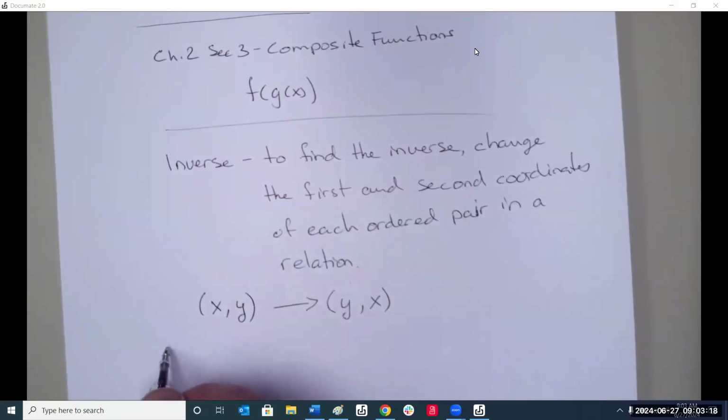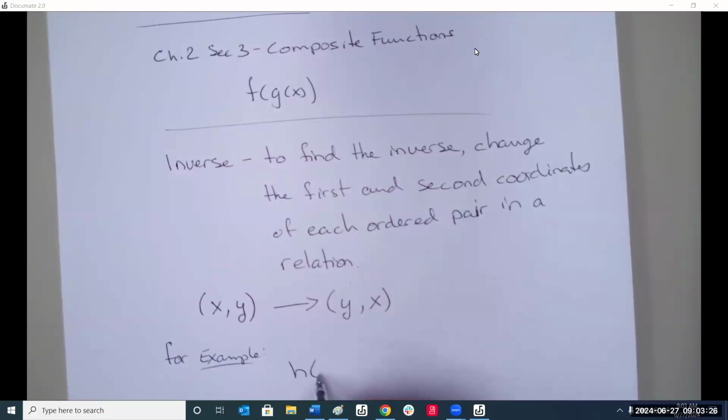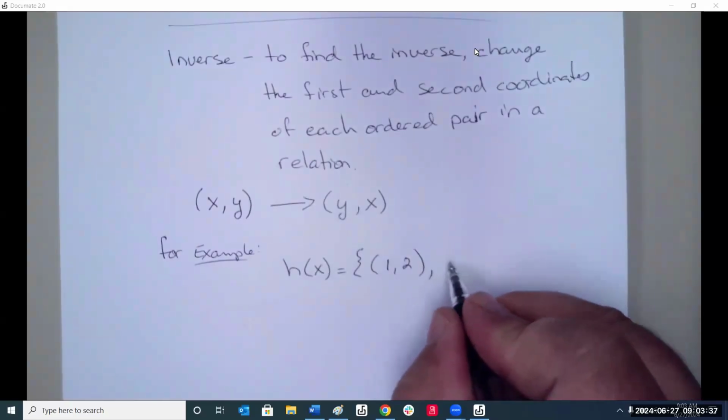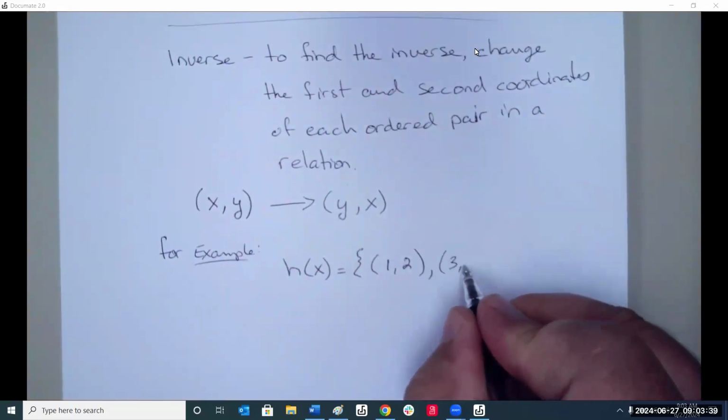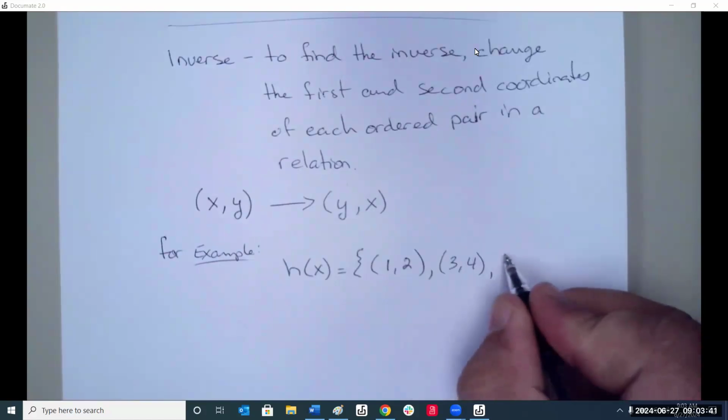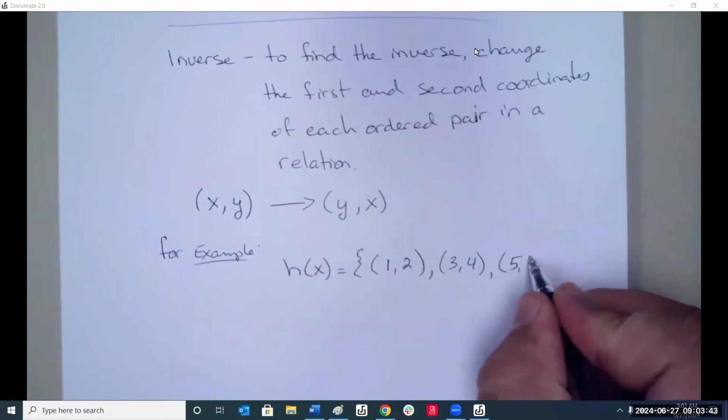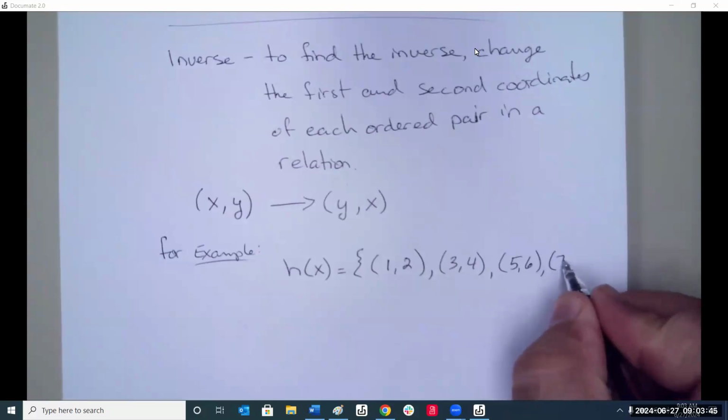So for example, if we had a function h of x, and it was comprised of these ordered pairs. These are the points in the function.